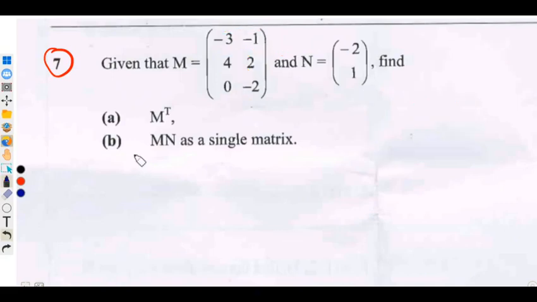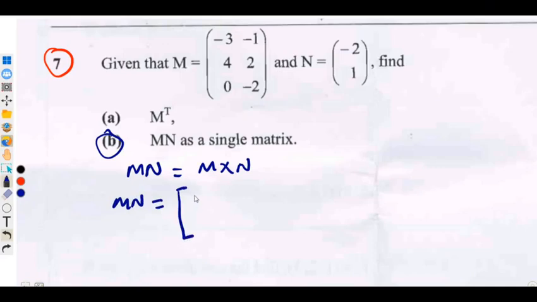Under question B, find MN as a single matrix. So MN means matrix M times matrix N. From here we write MN is equal to the matrix for M, which is negative 3, negative 1, then 4, 2, 0, negative 2.